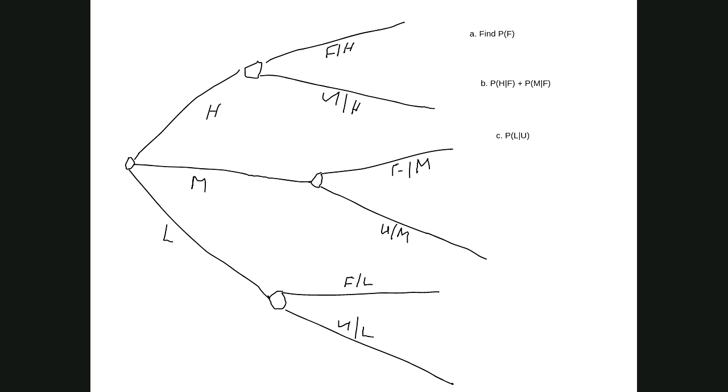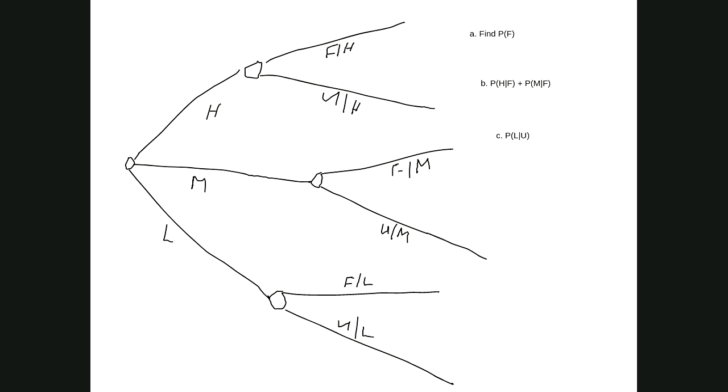Now for a slightly more complicated probability tree, I'm going to leave this to you to determine and work through. And if you have questions, in fact, what I'm going to do is go ahead.